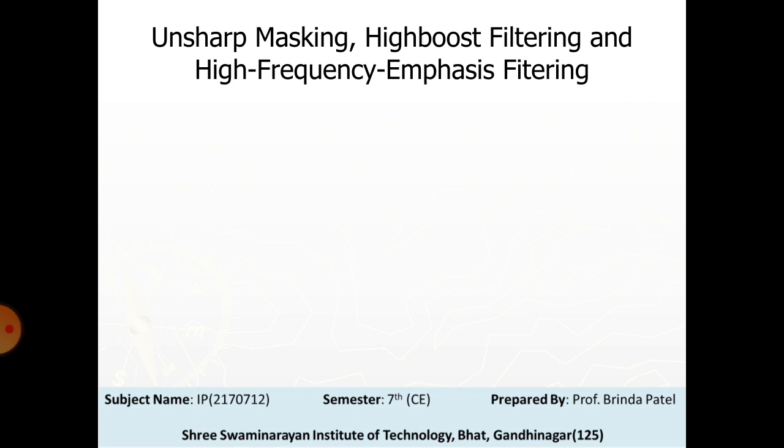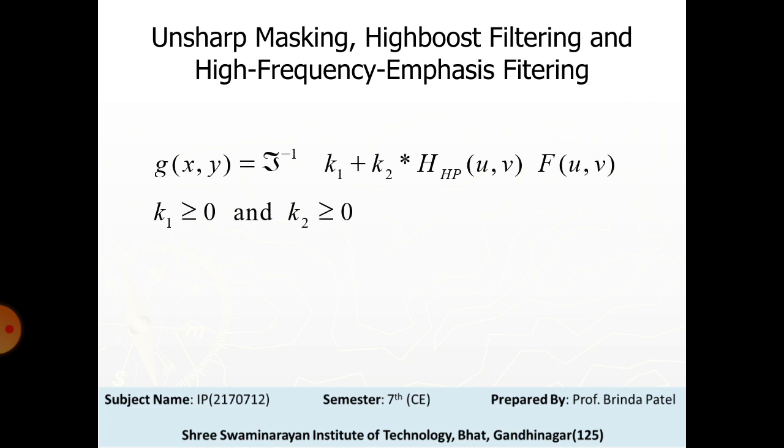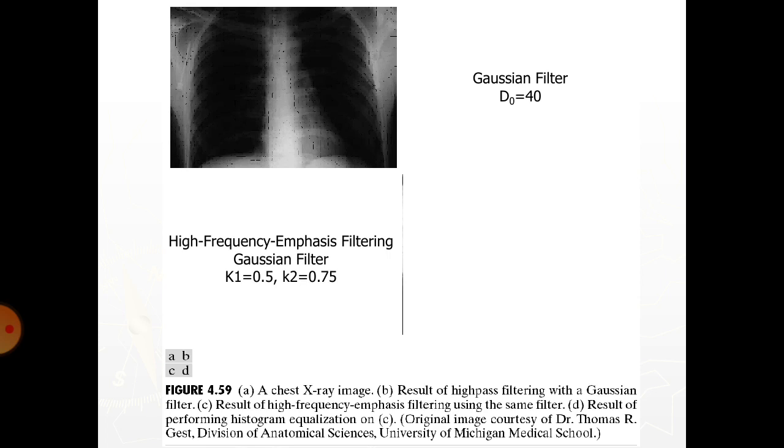Here k1 greater than or equal to 0 gives control of the offset from the origin, and k2 greater than or equal to 0 controls the contribution of high frequencies. So we get g(x,y) equal to the inverse transform of [k1 + k2·H_HP(u,v)]F(u,v), where k1 ≥ 0 and k2 ≥ 0.